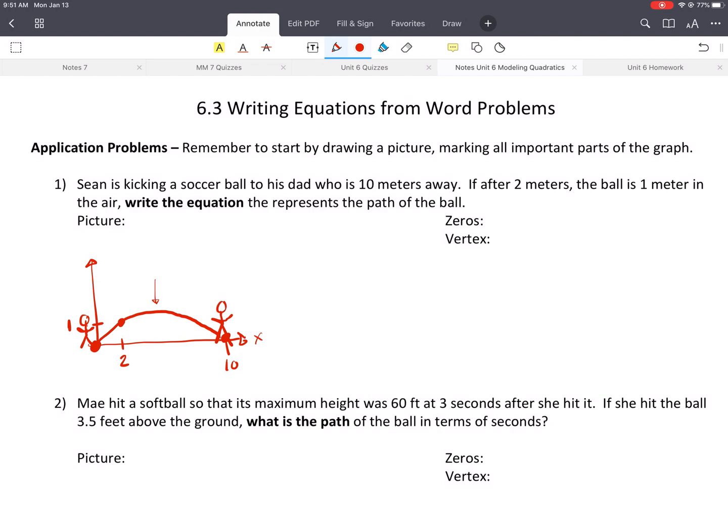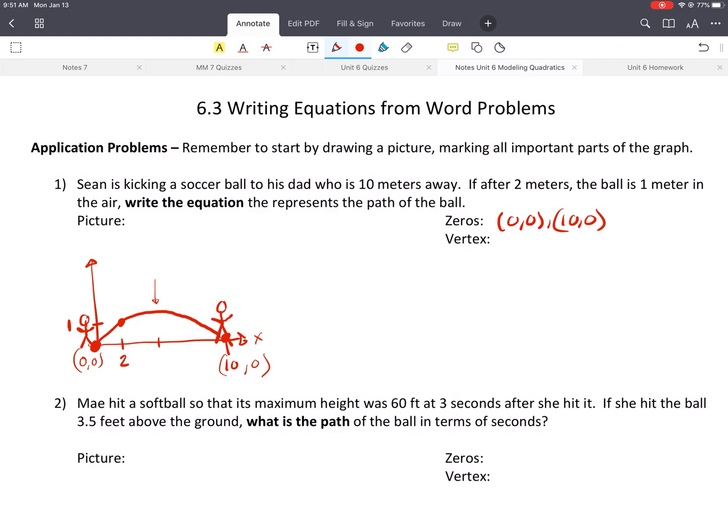The vertex would be here. We don't have any information about the vertex. All we know about the vertex is it's halfway between the son and the dad. We don't know the height at that point. But we do have where it started, 0, 0, and we have a point at 10, 0. And those would be your zeros, or your x-intercepts.